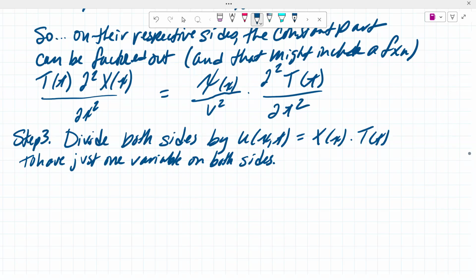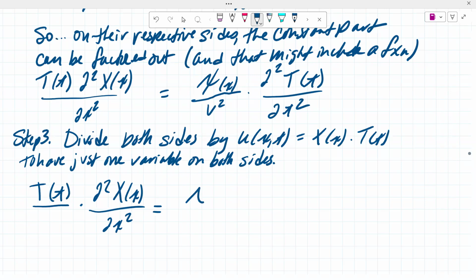So let's bring this along, and then we're going to do our division. I'm going to write it like this. T of t, that was our constant, over something times d squared X of x over dx squared equals, now we've got our equation over here, X of x over v squared.